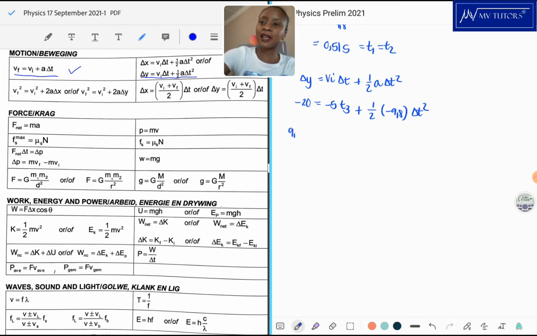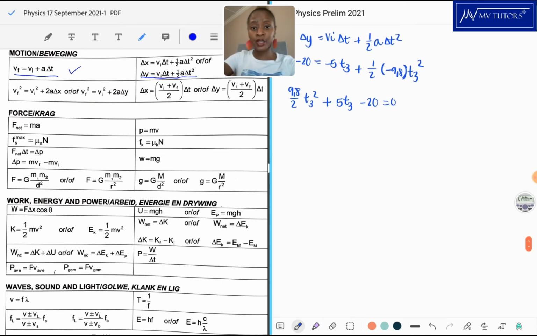So now I have 9.8 over 2, I forgot I'm using T3 now, that's T3. So 9.8 divided by 2, T3 squared, then positive 5 T3, and minus 20 is equal to 0.